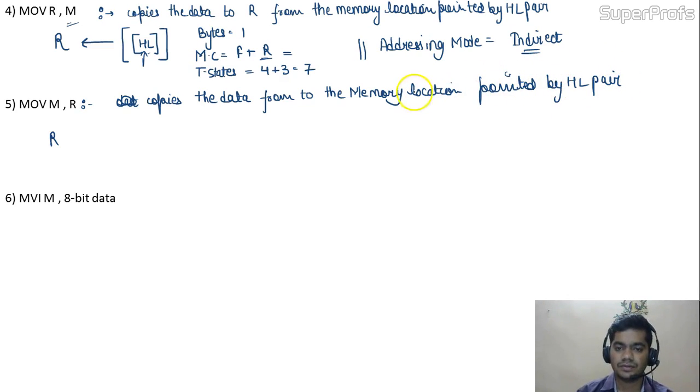Whichever memory location is pointed by the HL pair, at that memory location the data present in this register would be transferred.